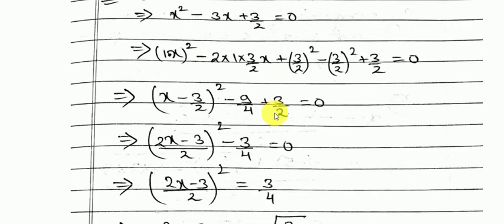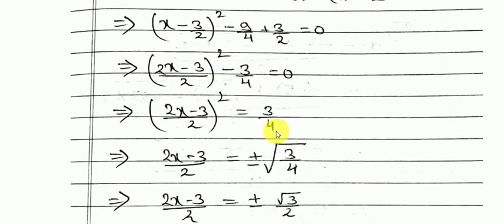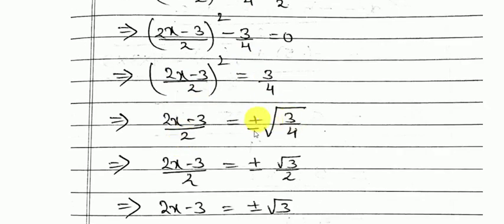After that, the first three terms can be written this way: (x - 3/2) whole square. When you calculate the rest, minus (3/2) squared plus 3/2, you get minus 3/4. In the next step this minus 3/4 comes to the right, so you get 3/4. Now take the square root on both sides, so plus minus you have to introduce here.